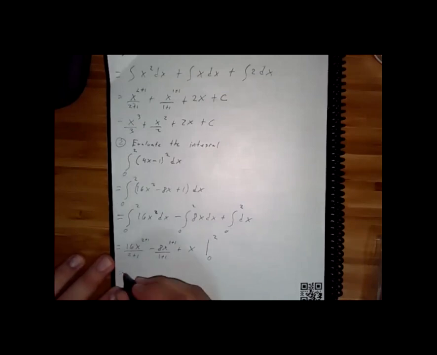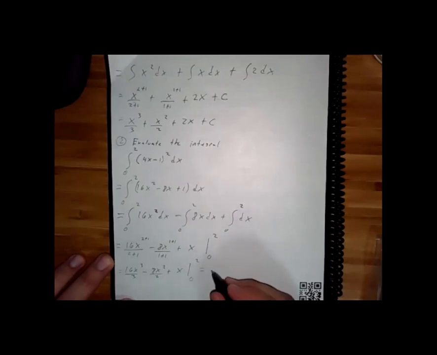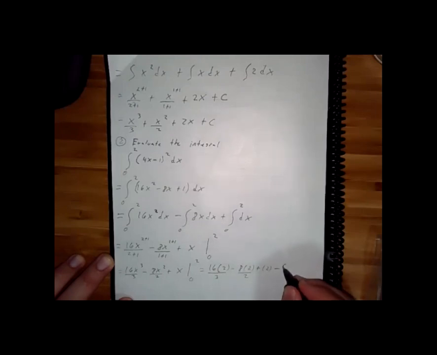So that would be 16x cubed over 3 minus 8x squared over 2 plus x, from 0 to 2. So the rule says you plug in the 2 first. Then you do minus, plug in the 0.